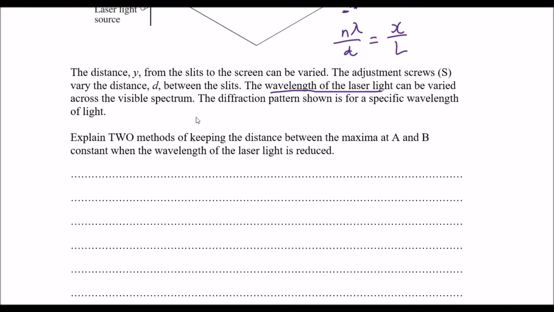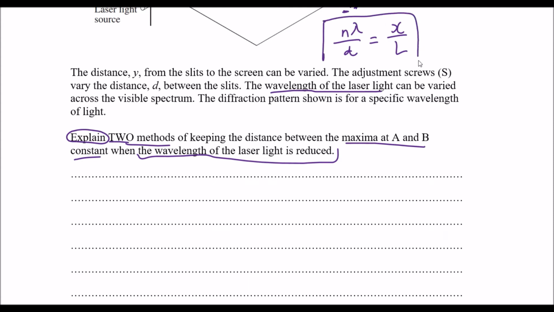So let's look at the question again. We want to explain 2 methods of keeping the distance between the maxima and minima constant when the wavelength of the laser is reduced. We can use this equation to help formulate our understanding. So I'm just going to write down the formula.